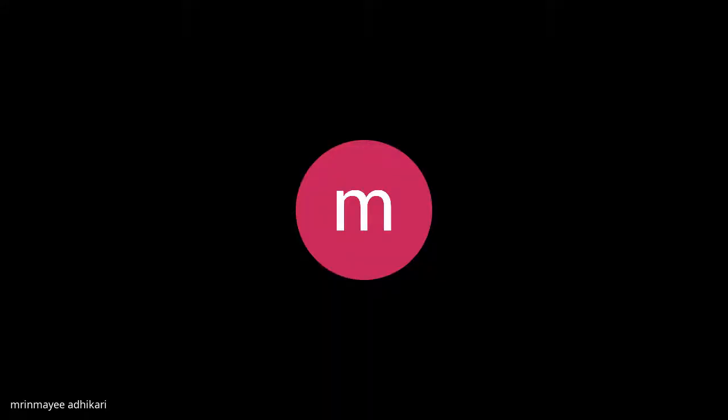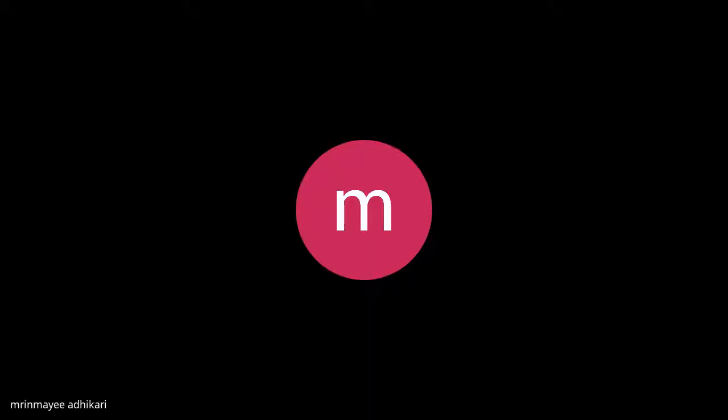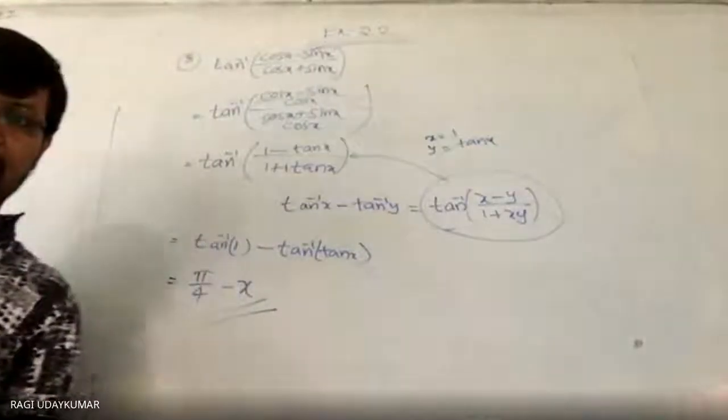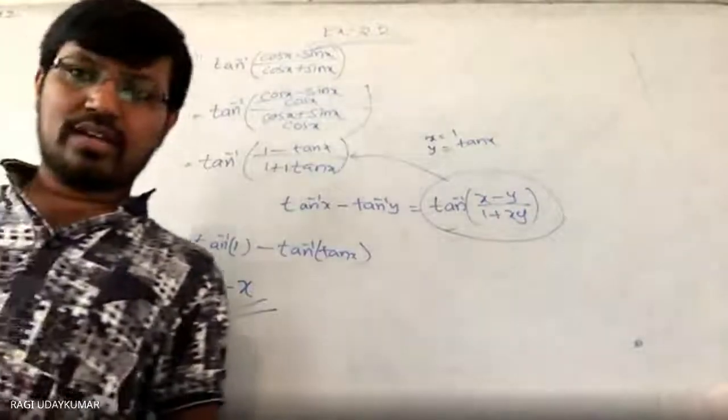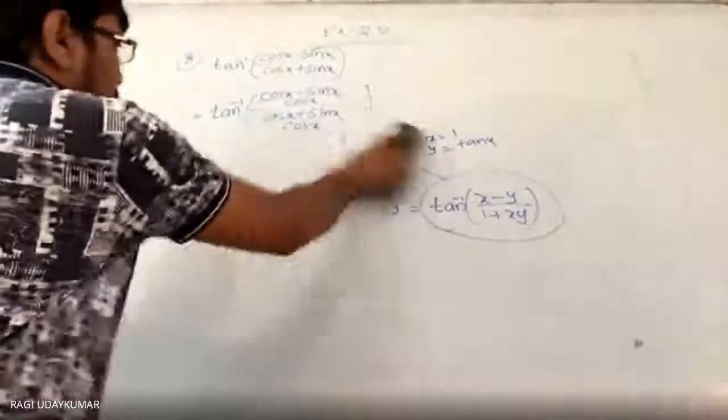Anurag is there or left? Sir, left. Maybe signal problem is there, I think so. Clear, sir. Okay. Can you hear me? Now, is it clear, Anurag? Yes, sir. Okay, very good. So now let us go for the next problem. 8th one is completed.